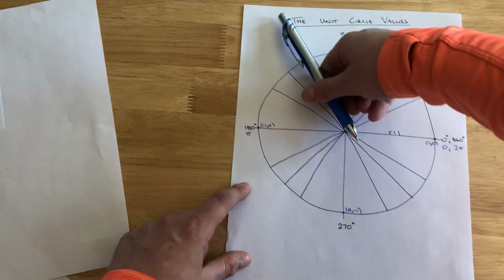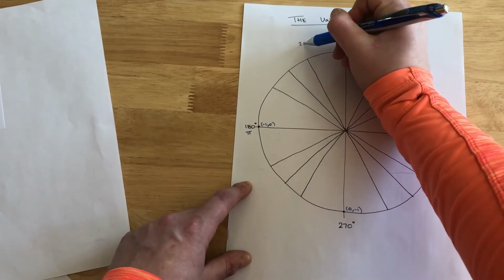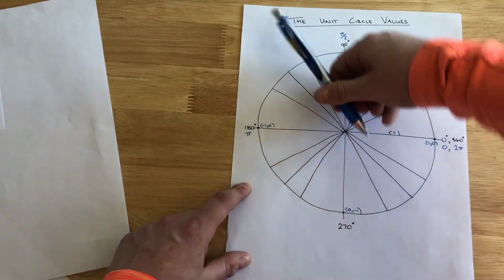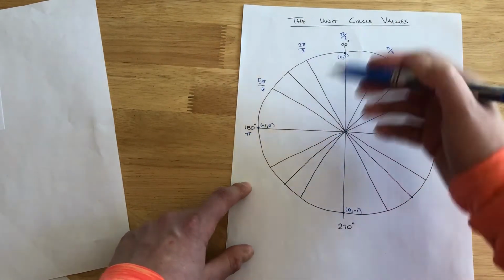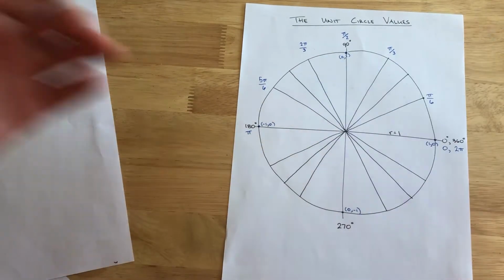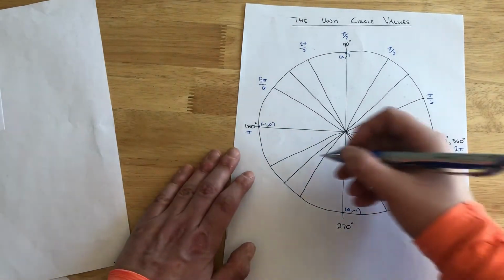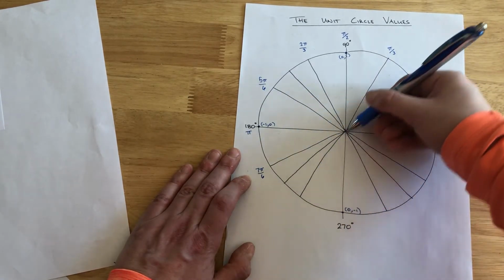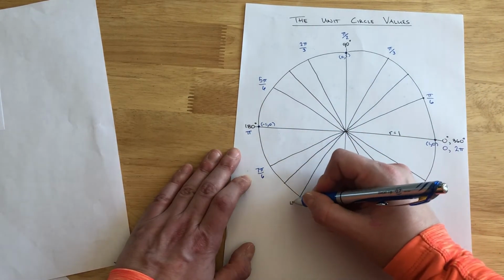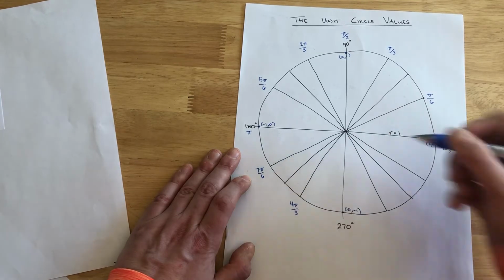So let's keep going. 4 pi over 6, that's 2 pi over 3. 5 pi over 6, well, that doesn't reduce, that's just 5 pi over 6. And then 6 pi over 6, well, that's 1 pi. So let's keep going. 7 pi over 6. The next 30-degree chunk is 8 pi over 6, which reduces to 4 pi over 3.